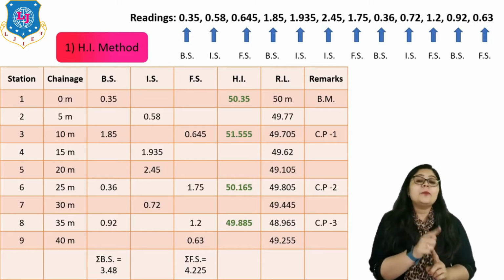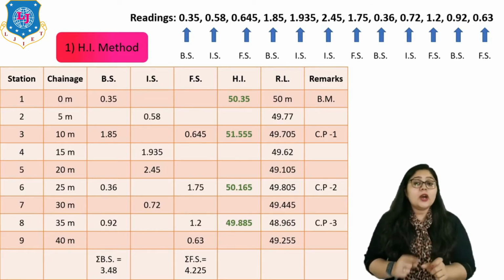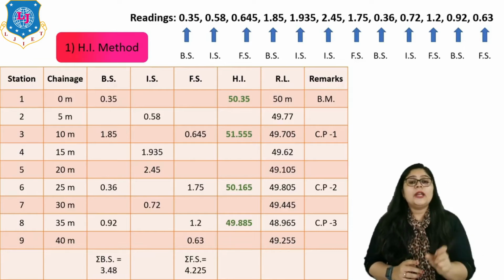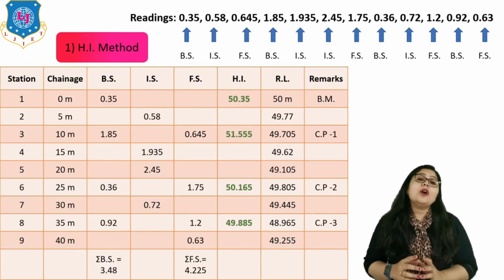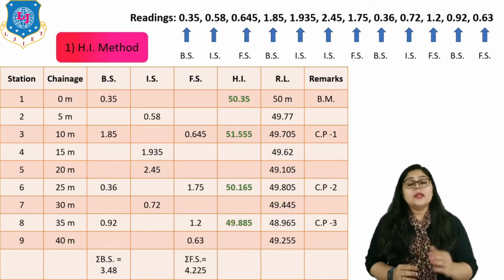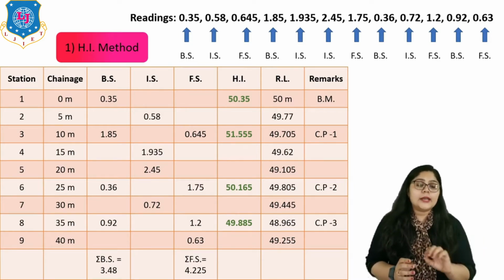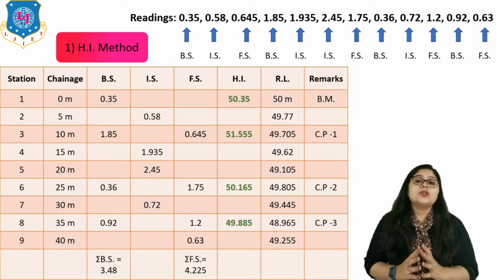It means we are putting the next column as the RL of different stations, right? Lastly, I am adding one column of remarks because sometimes the change point and benchmark play an important role in identifying whether we are going on the correct path or not, right? So that is the format of this level book.